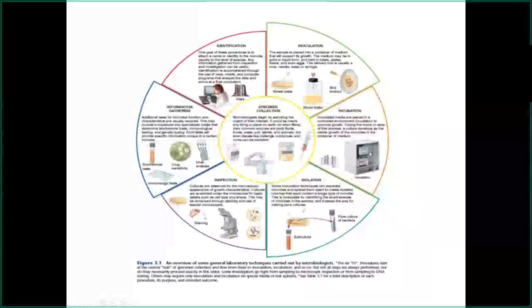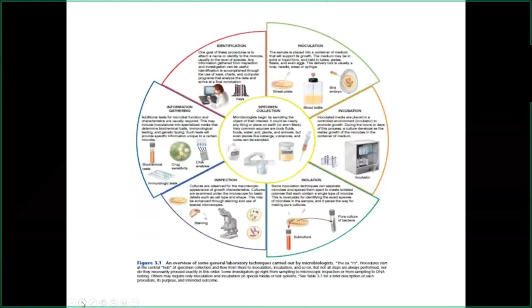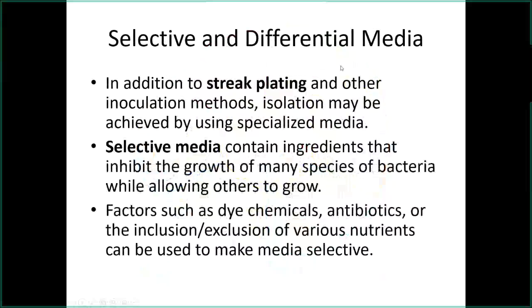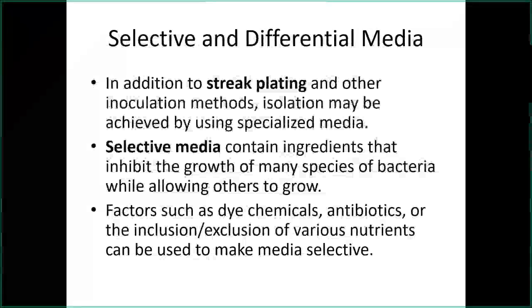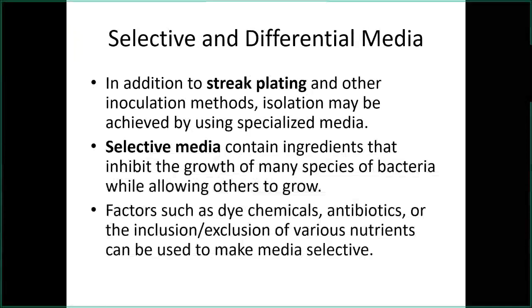So there's that figure from a previous chapter in Tortora, chapter 3. We've already covered that and tested on that. But one way to go, if you want to isolate organisms from mixed communities, where you've got a bunch of different species occurring together and you want to isolate particular ones, is streak plating.